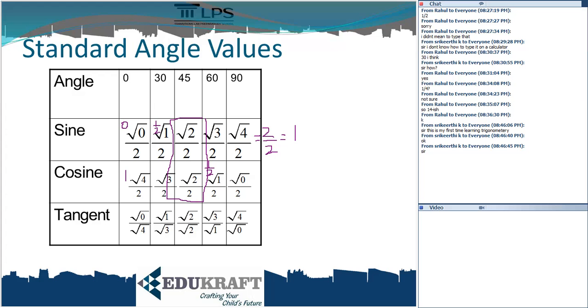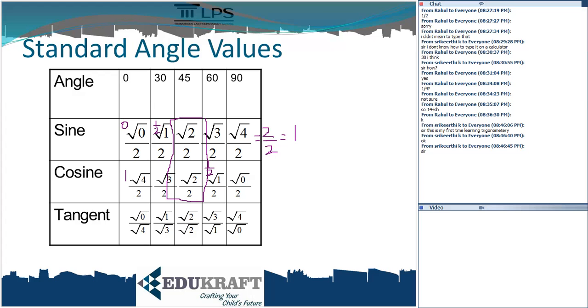Similarly, if you are finding out tangent, then what you do is just take the numerator of the sine and the numerator of the cos, and what you will get is tangent. So root 0 upon root 4 is 0. So tan of 0 is 0. Root 1 upon root 3 is root 1 upon 3. You can write this as root 1 upon 3, or maybe 1 upon root 3 is also alright.